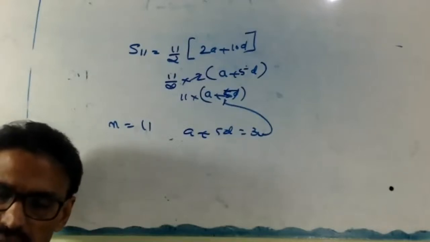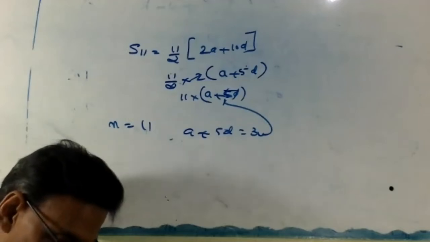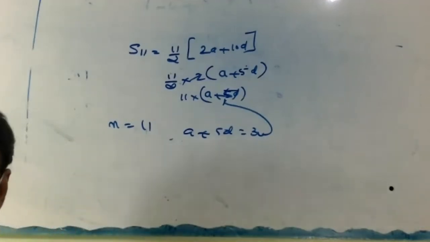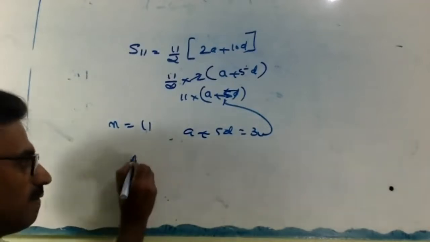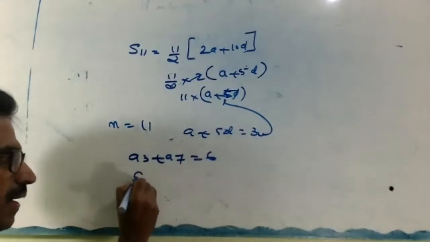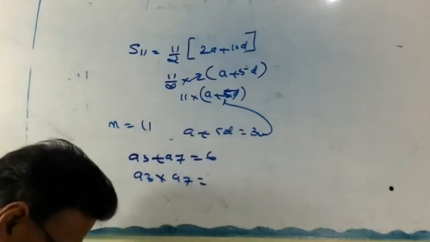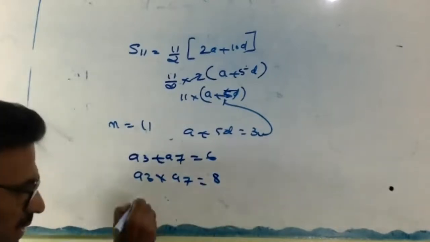Okay, question. Listen. A3 plus A7 equal to 6. A3 into A7 equal to 8. Find S16.